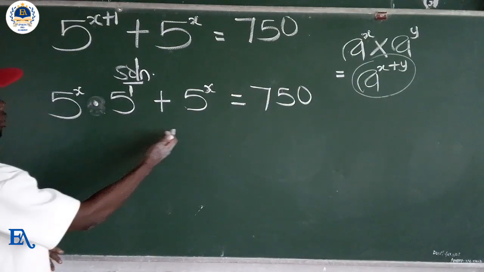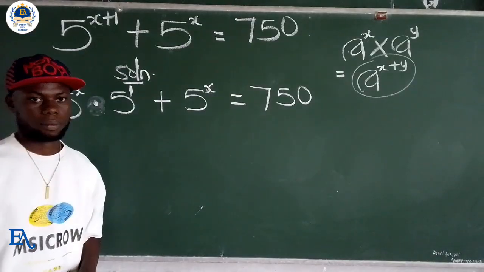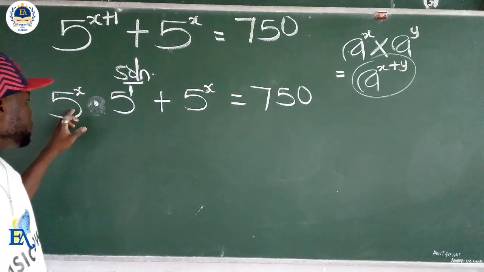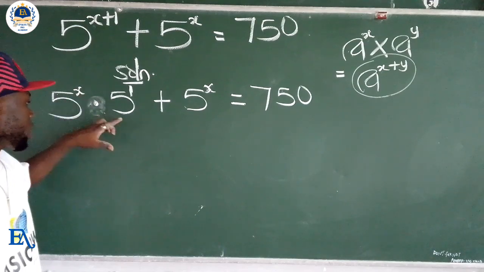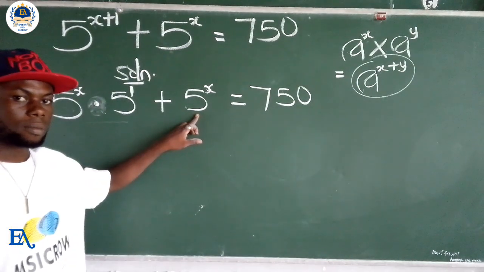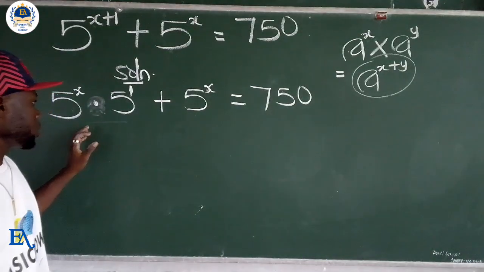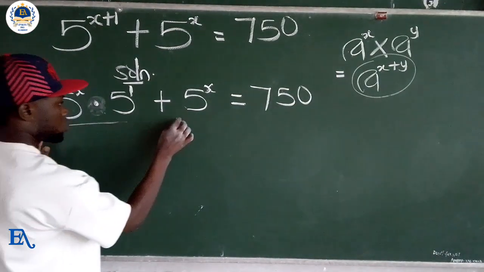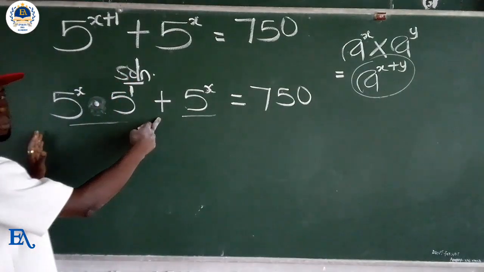Now, observing this, I observe that 5 raised to the power of x appears here, also appears here. There are 2 terms on the left hand side, separated by plus.